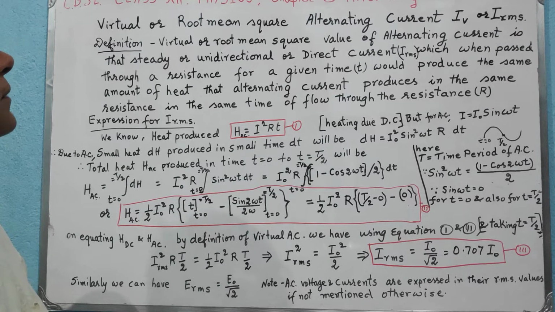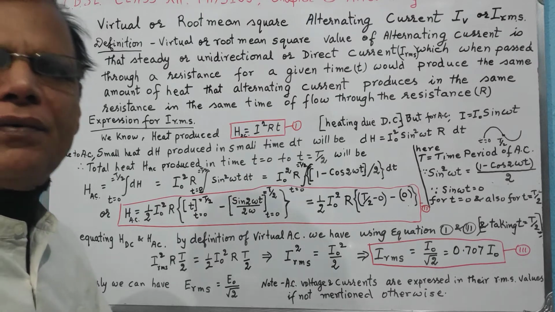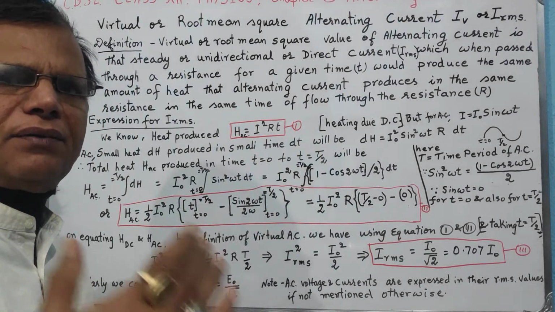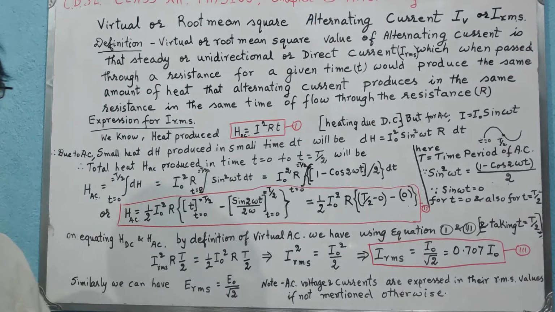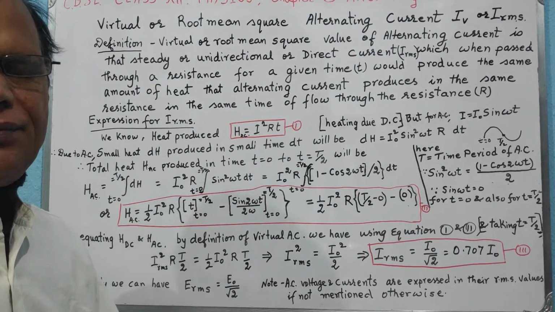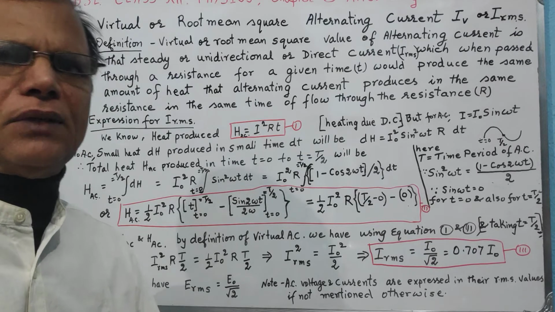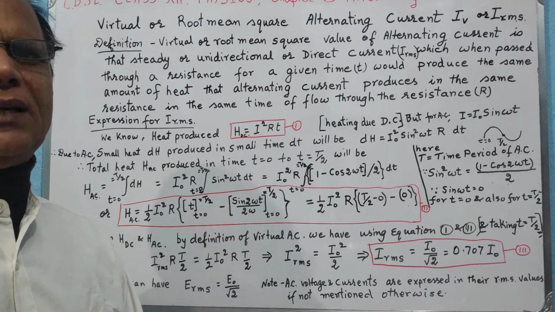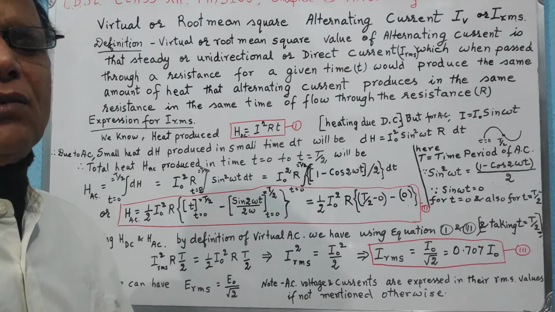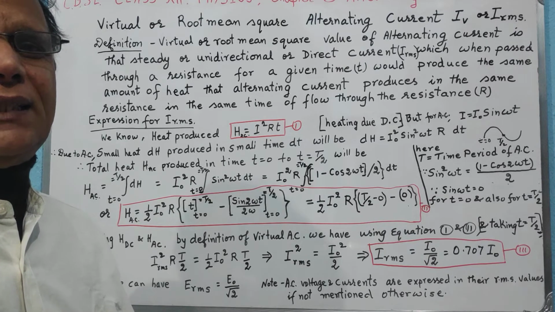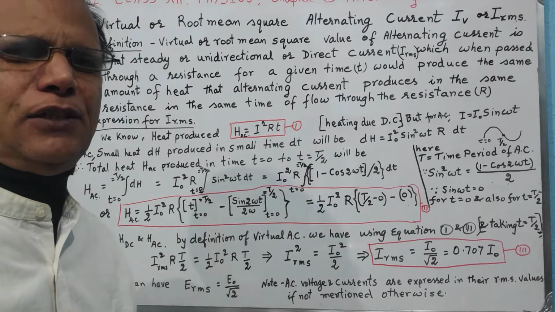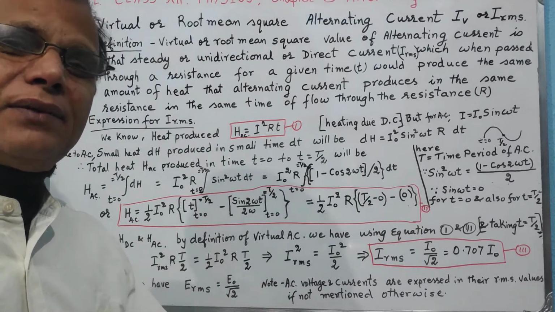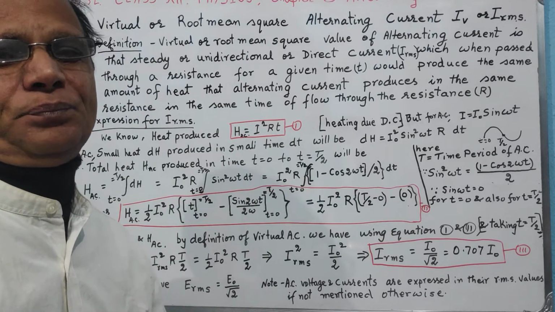So this is an equivalent value of AC in terms of DC, and we shall be using it very frequently. And also one thing you must note, that wherever the value of AC current or AC voltage is mentioned, what it is mentioning is nothing but its root mean square value, meaning its equivalent value in terms of DC.